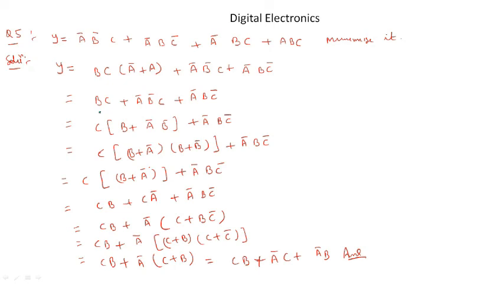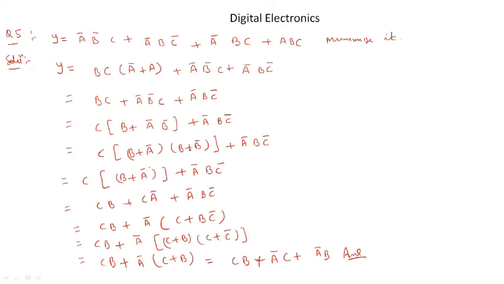So here you can take out c as common in the first two expressions. So it can be written as c (b plus a bar b bar) plus a bar b c bar. Now you can use here the distributive law, and it will be c in bracket (b plus a bar) dot (b plus b bar) plus a bar b c bar.